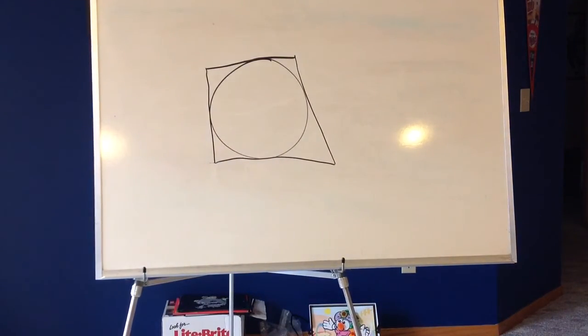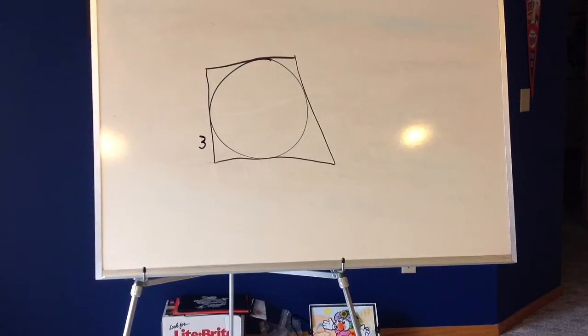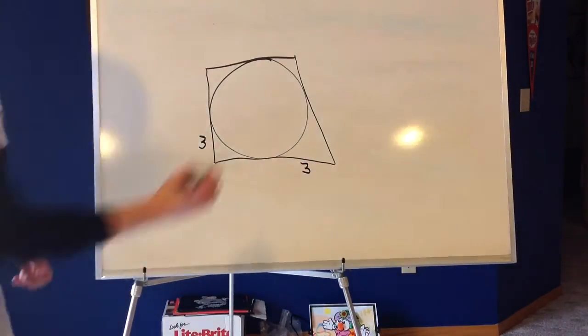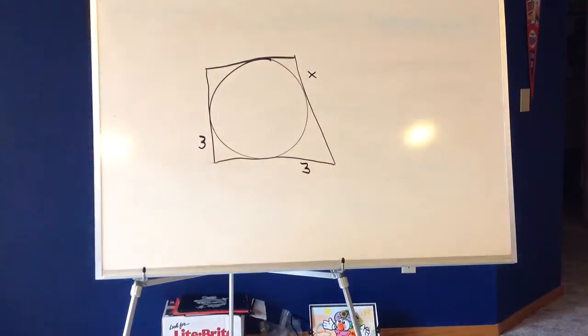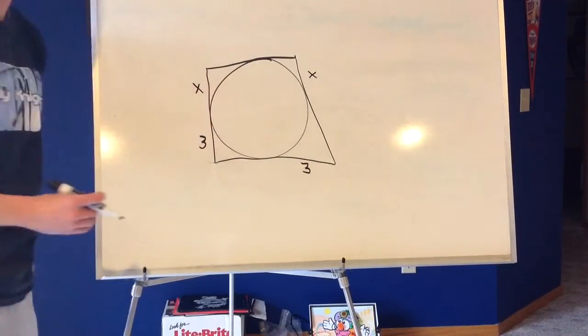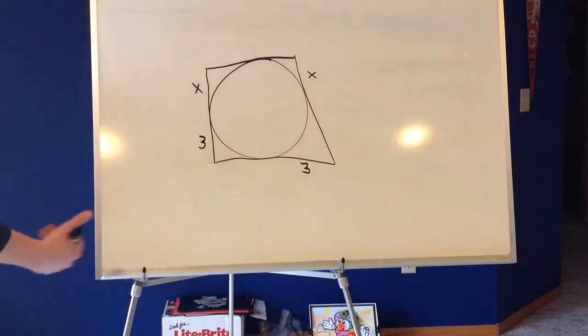It tells you that this piece is 3, this piece is 3, this piece is x, and this piece is x. And it asks you to find x, and it tells you the perimeter is 18.